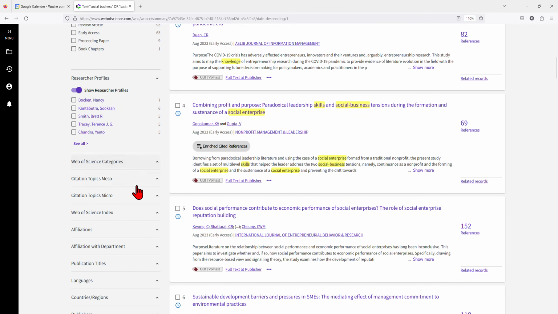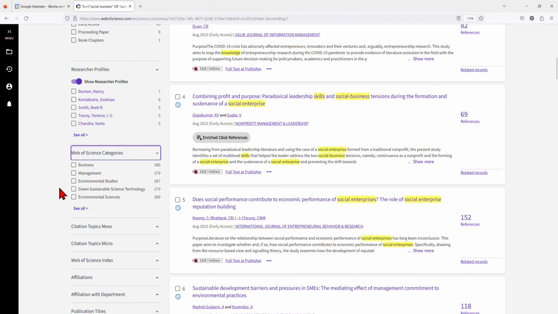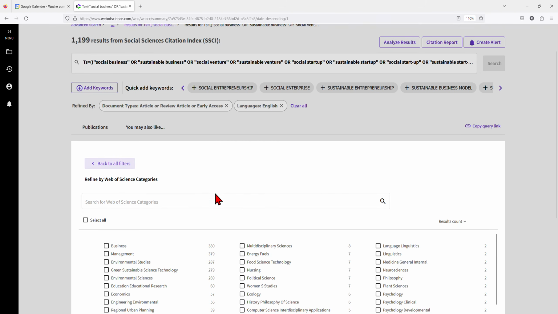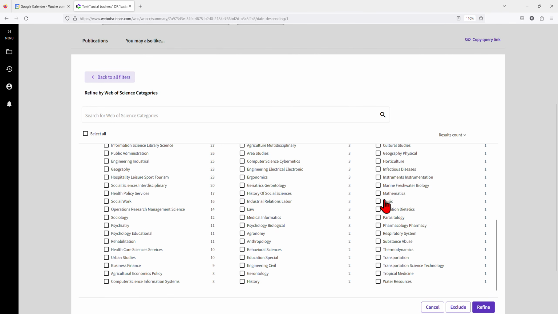What you could also do then potentially is sort it by categories here or exclude certain categories. For example, in this case you see that there are lots of categories. There are articles from the area of music or parasitology, I'm sorry if I'm mispronouncing, or thermodynamics or whatever.